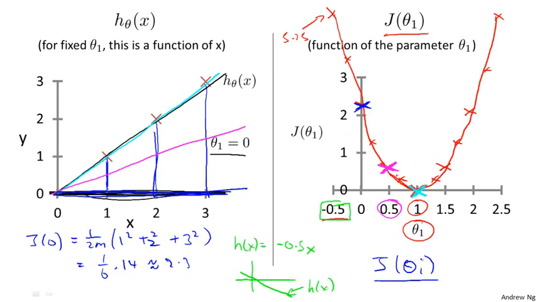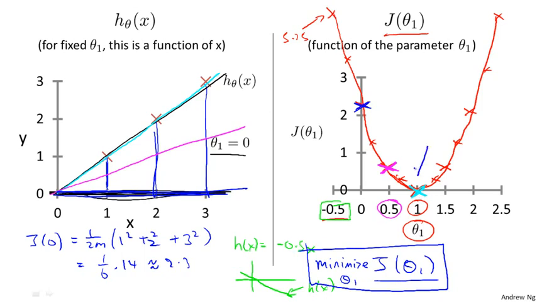Now, remember, the optimization objective for our learning algorithm is we want to choose the value of theta 1 that minimizes J of theta 1, right? This was our objective function for linear regression. Well, looking at this curve, the value that minimizes J of theta 1 is theta 1 equals 1.